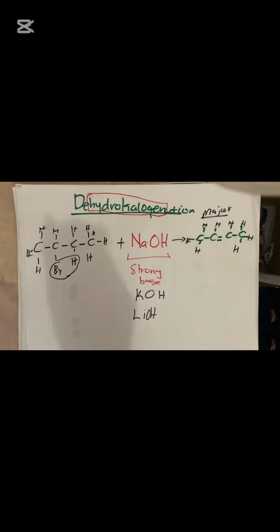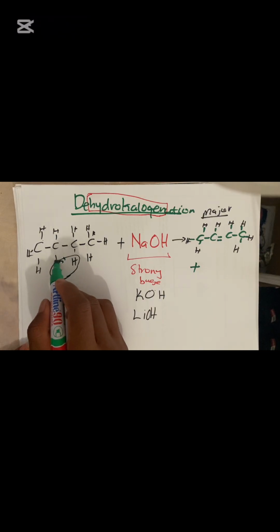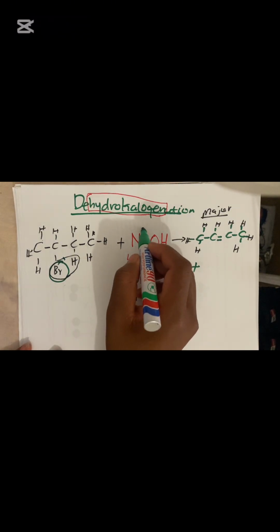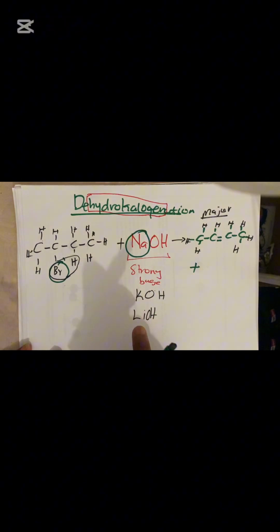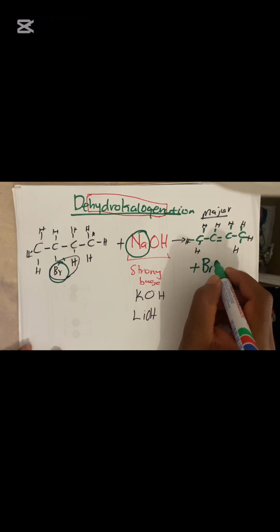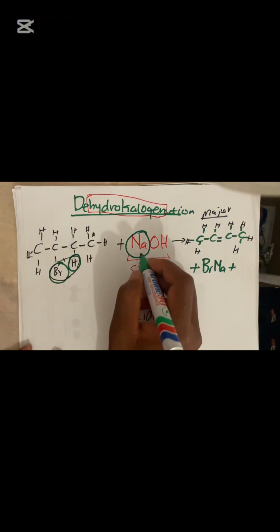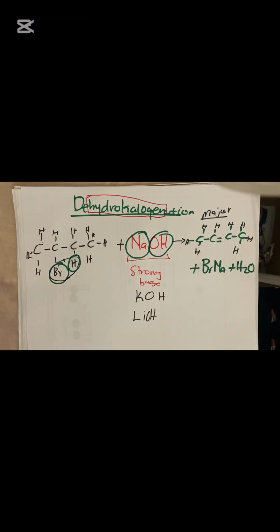So now we are going to say plus what? This Br is going to bond with the sodium, or with the K if it's K. If it's lithium, it's going to bond with lithium. And then we're going to have NaBr. And then plus, this hydrogen is going to bond with this hydroxyl group, and then we're going to have H2O.